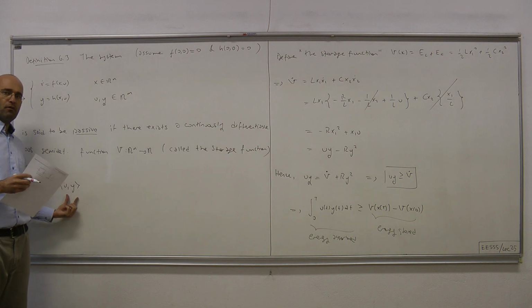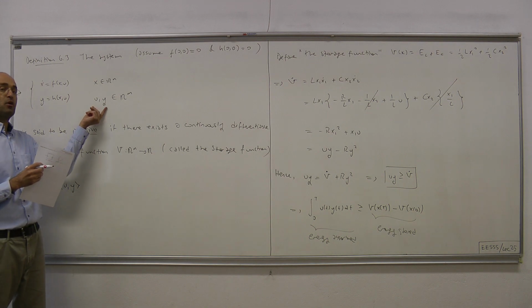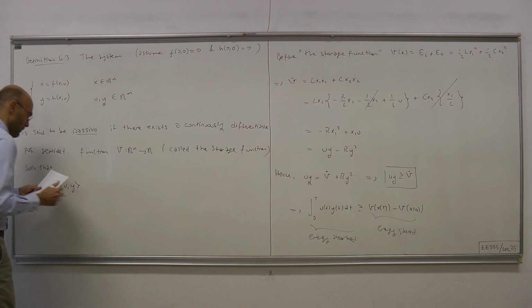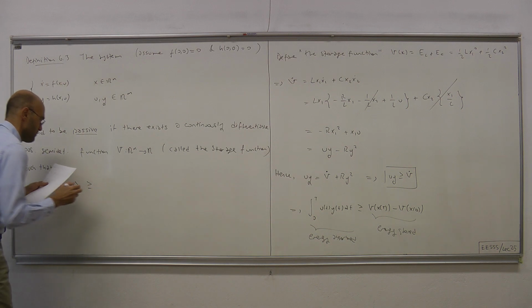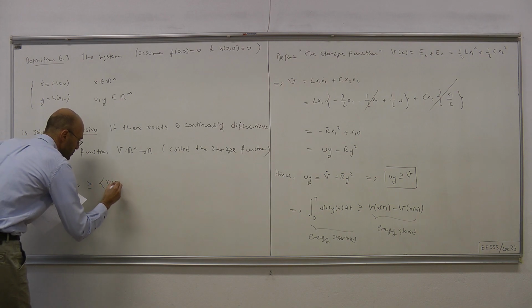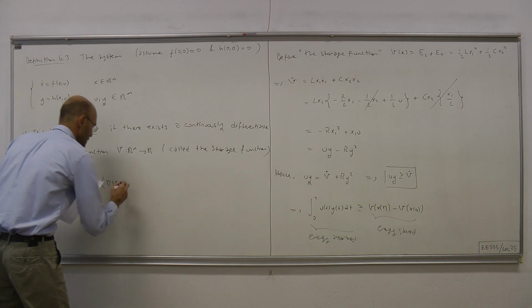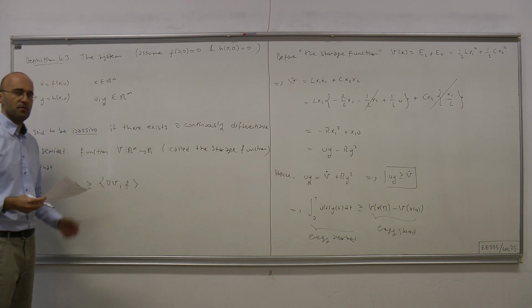the inner product of input and output, which is meaningful because input and output belong to the same space, is never less than the inner product of the gradient of V, the storage function, with the right hand side of the system.